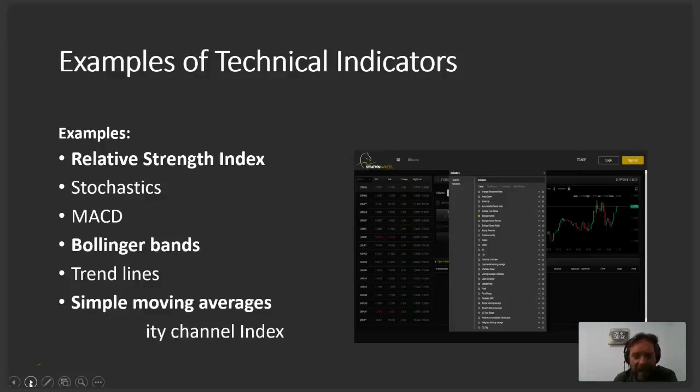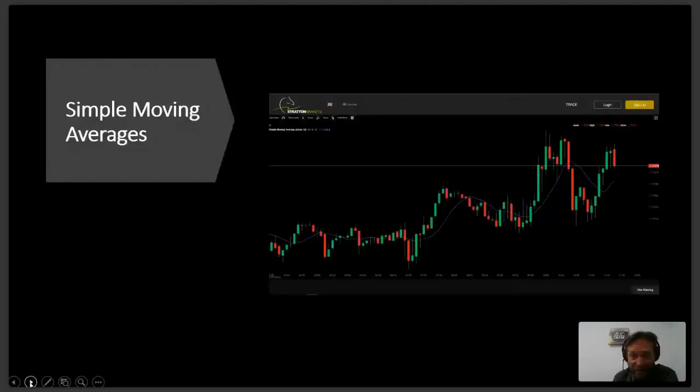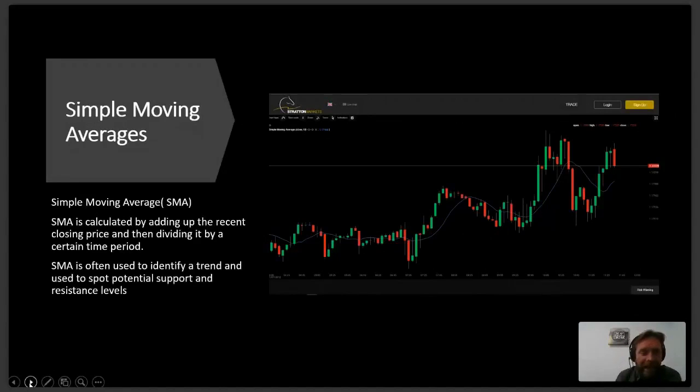Let's start off with the simple moving averages. I've got my own presentation there. So, simple moving averages, or simply SMA. SMA is calculated by adding up the recent closing prices and then dividing by a certain time period.